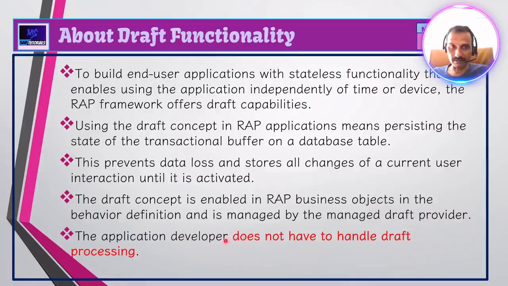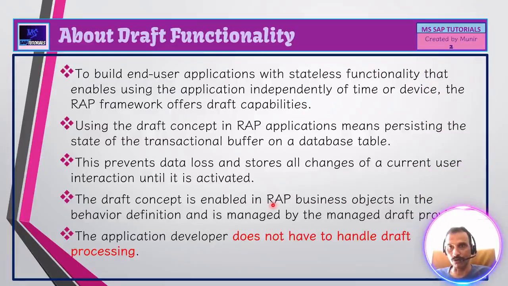Remember one thing, that the developer does not have to handle the draft processing. We just implement whatever is needed for our persistent data. No draft functionality needs to be coded, even in unmanaged. In unmanaged also, the framework will handle all the draft-related processing that should happen.